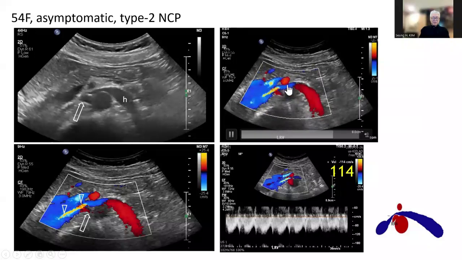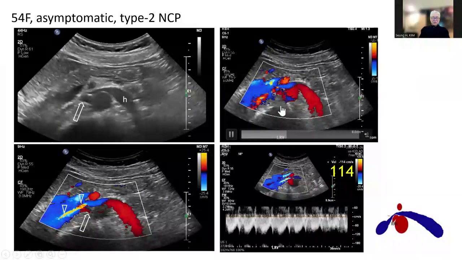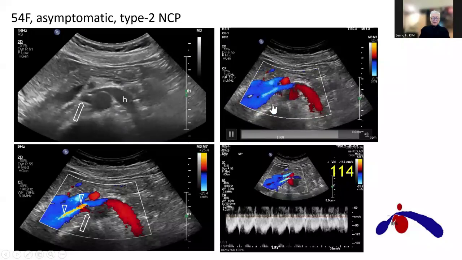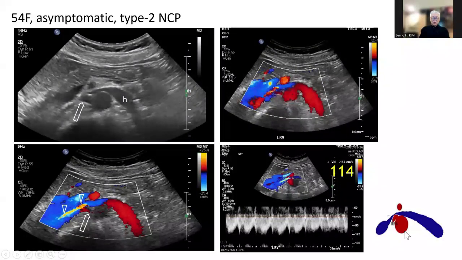This is not compressed severely here, and the left renal vein is not stretched over the abdominal aorta. So this clearly shows that this is type 2 Nutcracker, and peak flow velocity is 113. The normal value is 40 to 50.